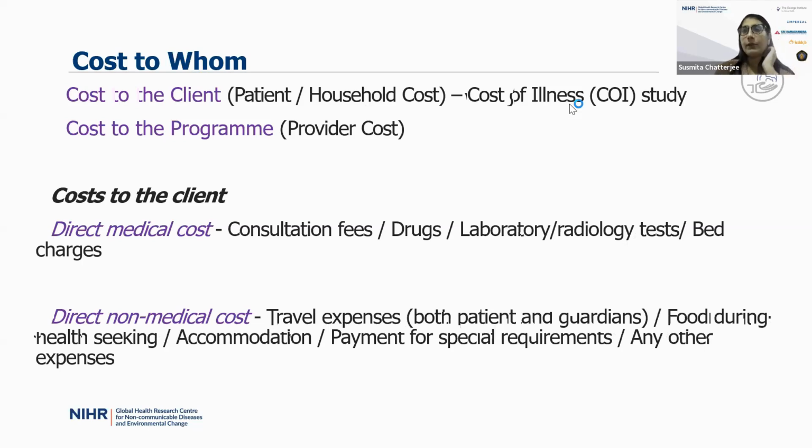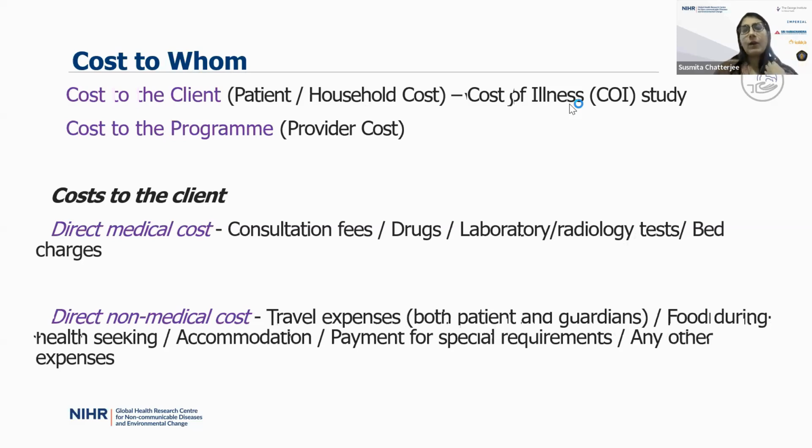Another thing you should remember is that you should always consider only the disease for which you are doing the costing analysis. It should not be something else which is happening. Suppose a patient with diabetes is having some other condition, you should not cost that. You concentrate only on the cost of the disease, because a cost of illness study focuses only on that.